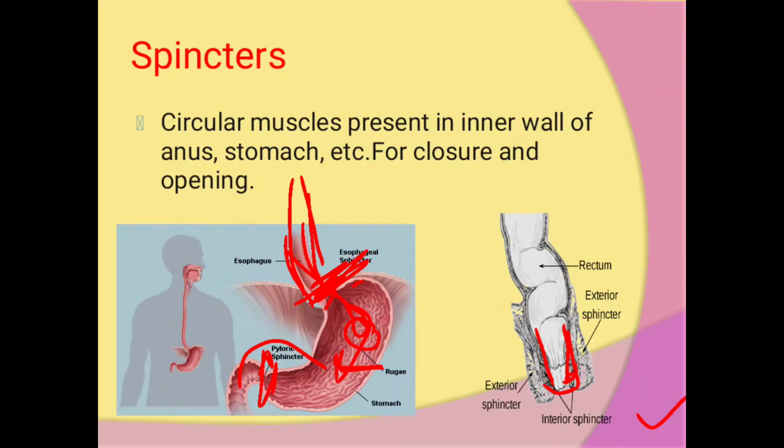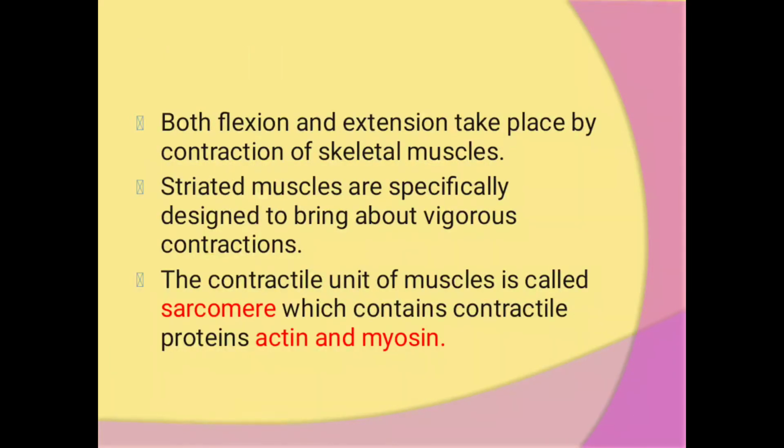Now, I hope you are aware that both flexion and extension take place by the contraction of skeletal muscles. Striated muscles are specifically designed to bring about vigorous contraction as well as relaxation.